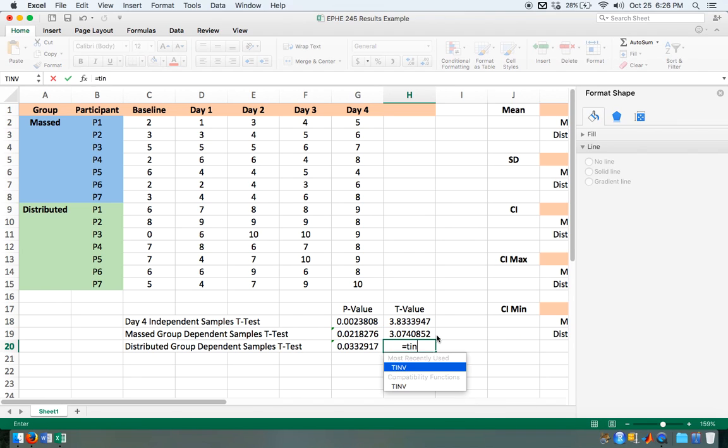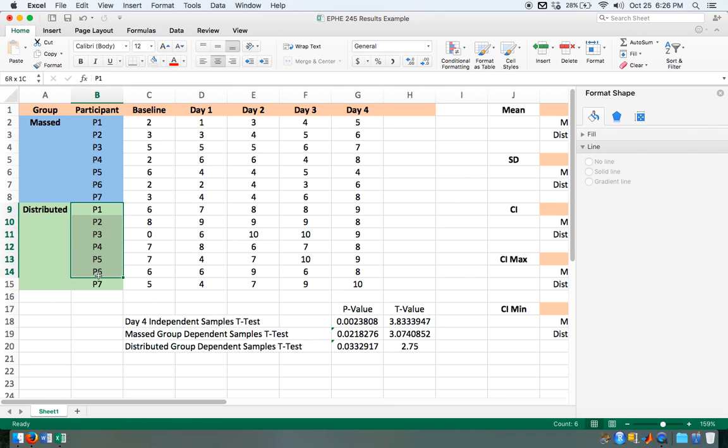Then we do this T-inv again with the probability, comma 6. Again, there's only 7 people here and only one group, so 7 minus 1 equals 6. So we have our t-values and our p-values. While we're at it, I'm going to add a degrees of freedom column just to remind ourselves later: this one was 12 again, this one was 6 and 6.